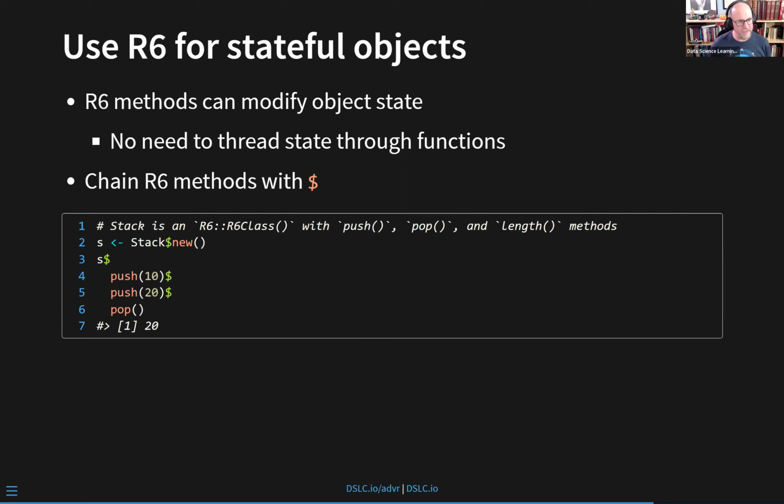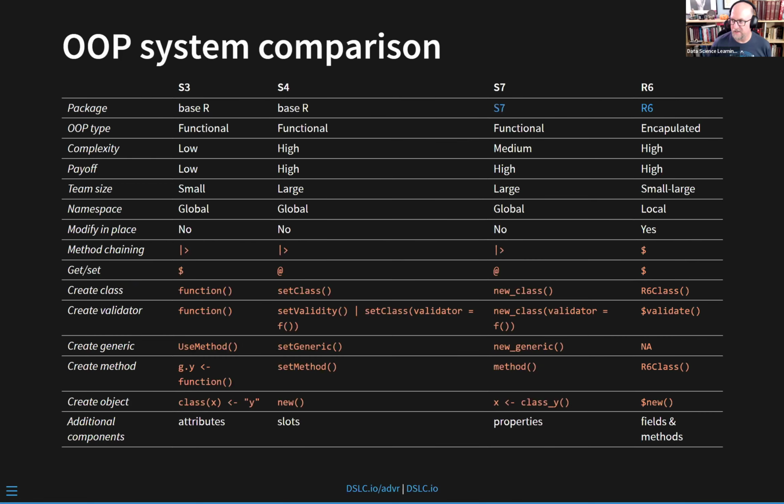And that's the kind of the breakdown. But the previous cohort made this nice table that I cleaned up a little bit, that I have not seen anywhere else. It's kind of nice to just have all of the object oriented programming systems in R. So you can see how to find them, what type they are.